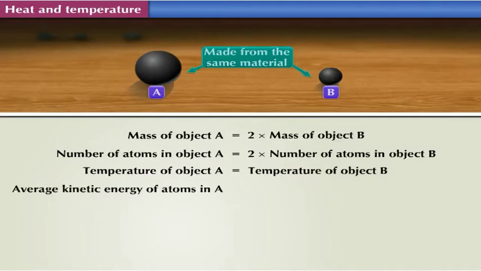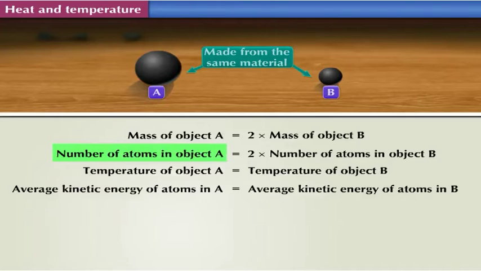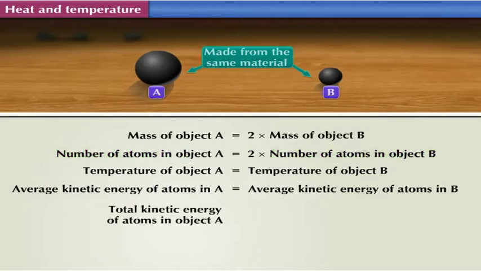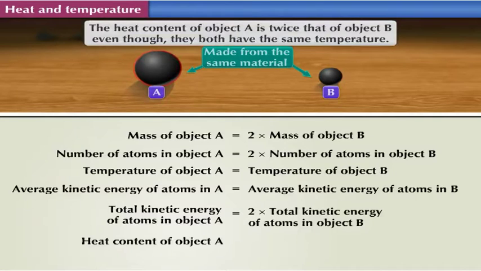That is, the average kinetic energy of atoms in A is the same as that in B. Let us now talk about the heat content of object A and object B. As mentioned earlier, the number of atoms in object A is twice the number of atoms in object B. Thus, the total kinetic energy of atoms in object A will be twice that in object B. Hence, the heat content of object A is twice that of object B, even though they both have the same temperature.